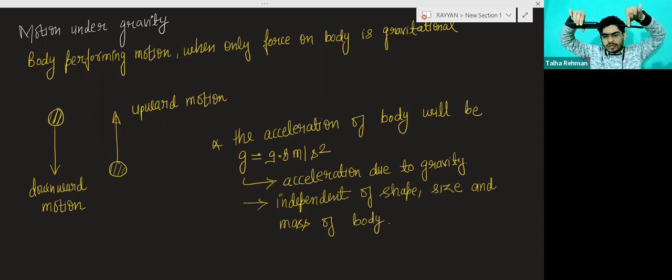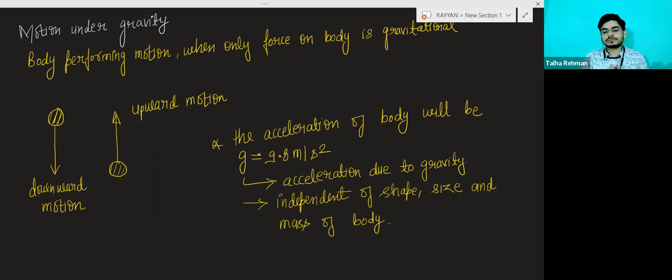If I am throwing both the bodies, this has more mass as compared to this. So can you tell me what will be the acceleration of both the bodies? Means which body will have more acceleration? The pen. Why? Because it's lighter and it has less surface area.